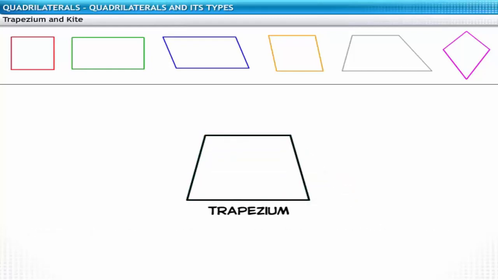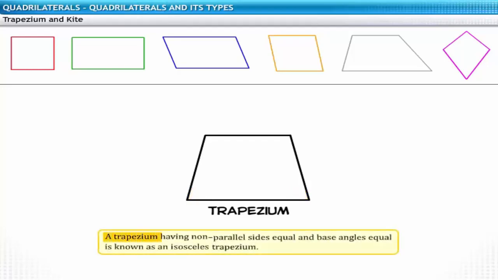Now, here's a special trapezium. Its non-parallel sides, as you can see, are equal in length. Similarly, if you measure the base angles, you will see that both are equal. Thus, a trapezium having non-parallel sides equal and base angles equal is known as an isosceles trapezium.